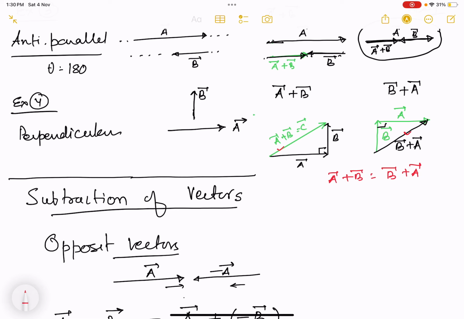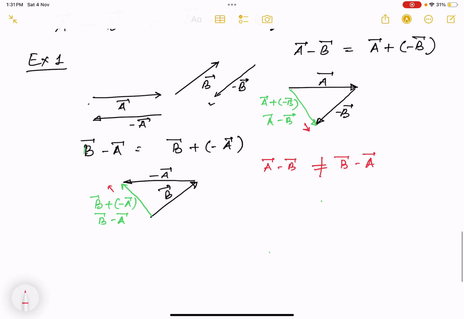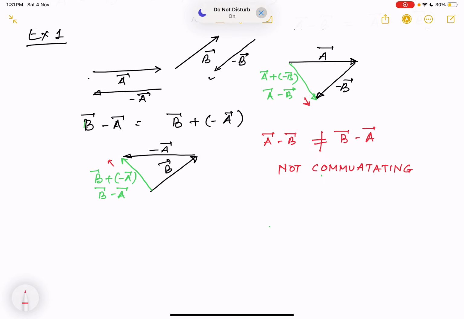A plus B was equal to B plus A. Here A minus B is not equal to B minus A. So we say that they are not commutative. Commutative means if by changing the operands the value does not change. You understood?